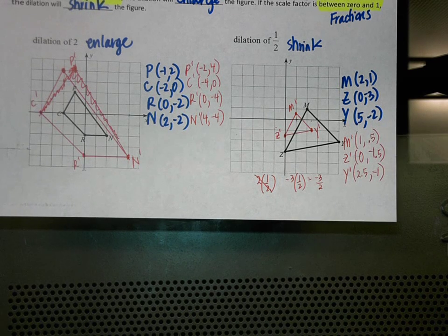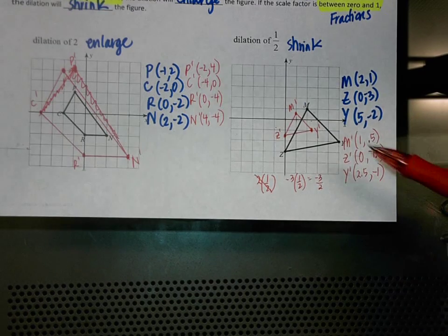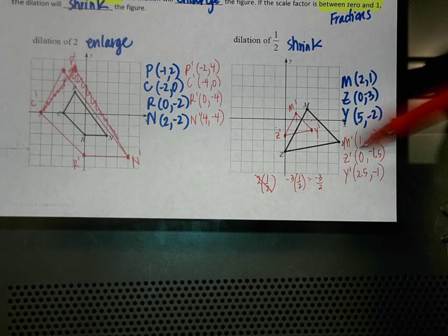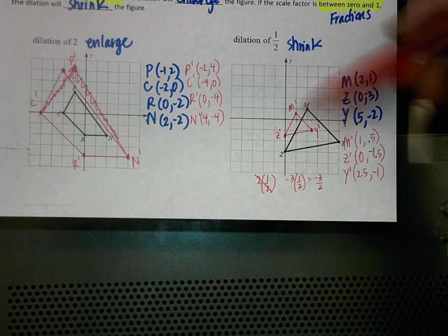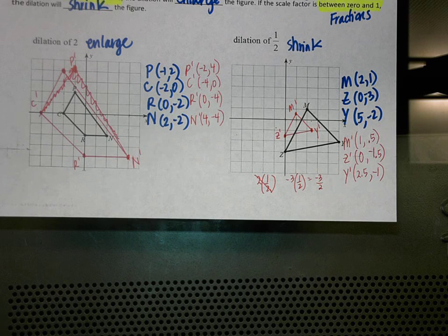What do you notice about these lines? If we're looking at these figures, MY, the prime versus the original, those lines are what? What do you see, Stephen?